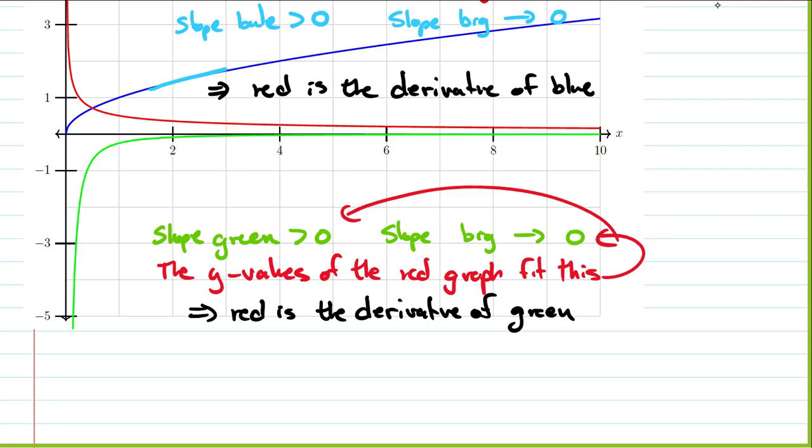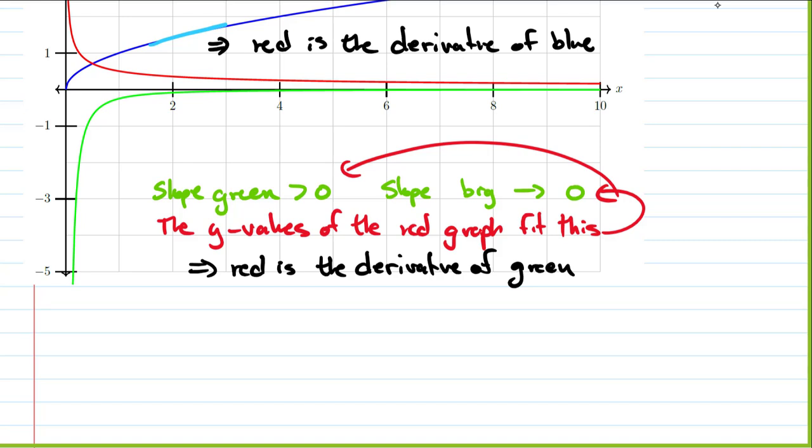So we found out that we had a bit of a problem with the bottom one. So if red is the derivative of blue, what about the slope of red? Well, let's analyze the slope of red.